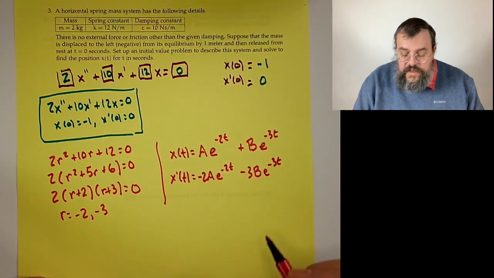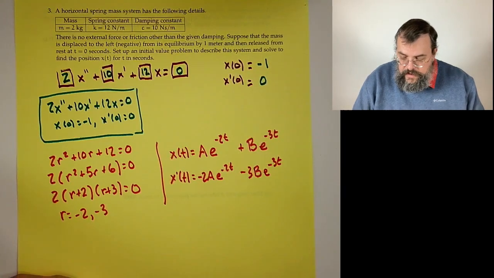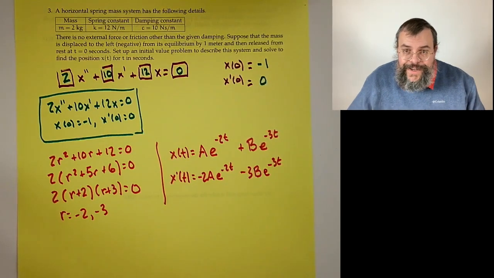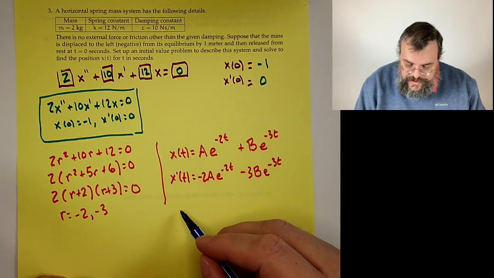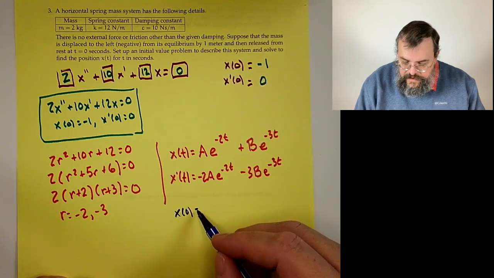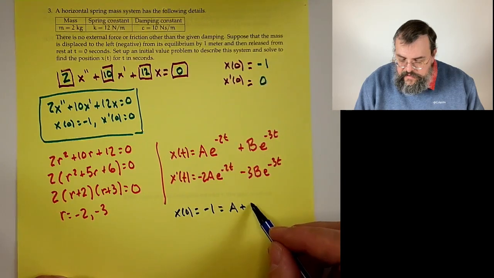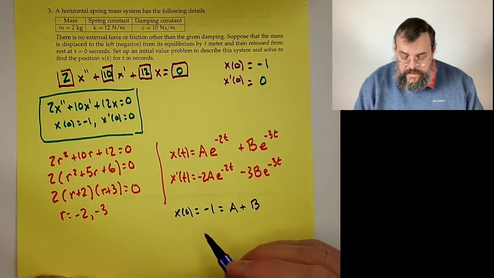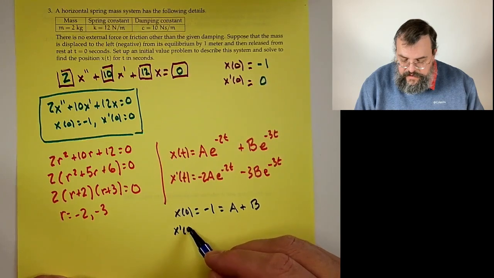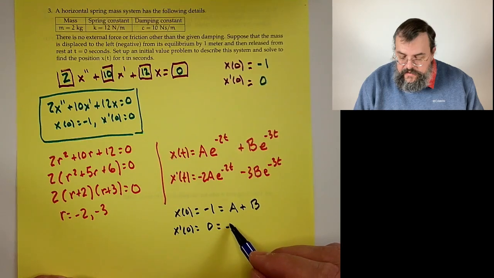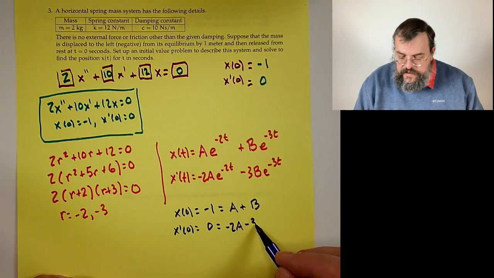So we have our initial conditions. x of 0 is -1, which is a plus b. And x prime of 0, which is 0, is -2a minus 3b.